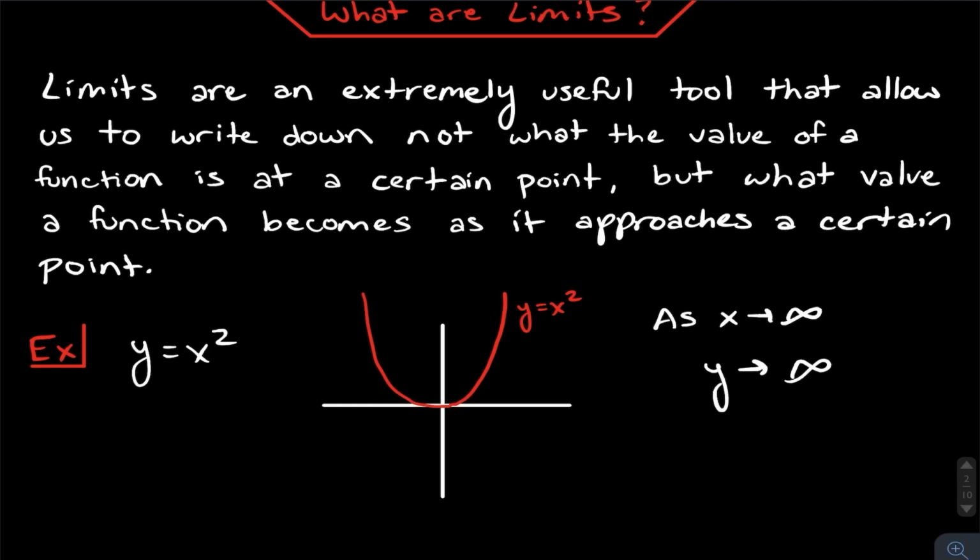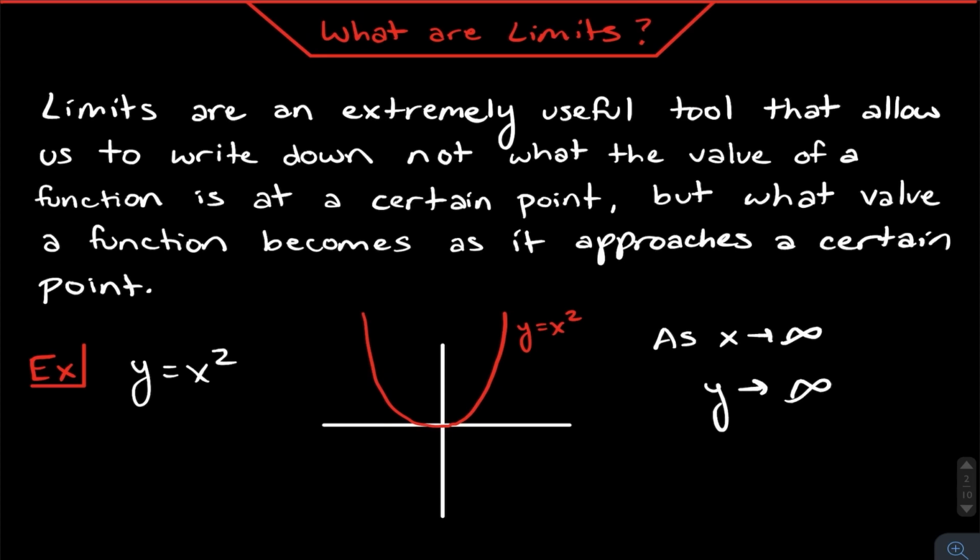That's kind of what limits are. You could also say something like, what about as x approaches 2? As we go to here. As x approaches 2, as we get closer here, this way and this way in the x direction, and when I say that, I mean along the curve here, what happens to y?